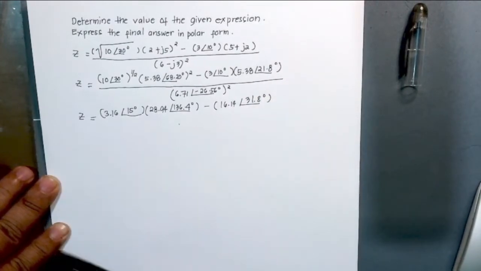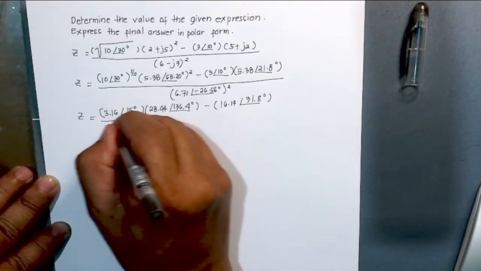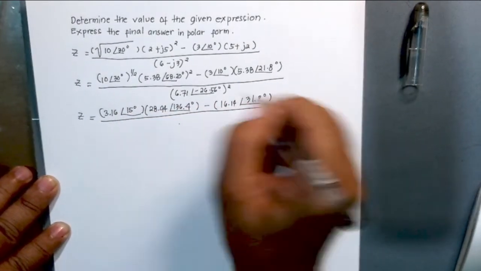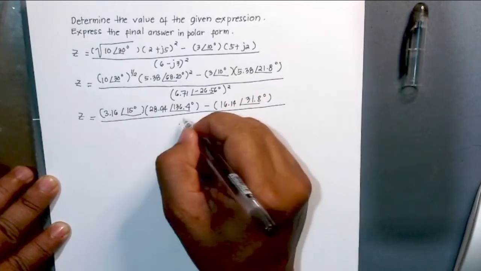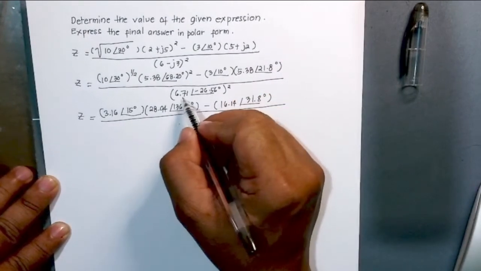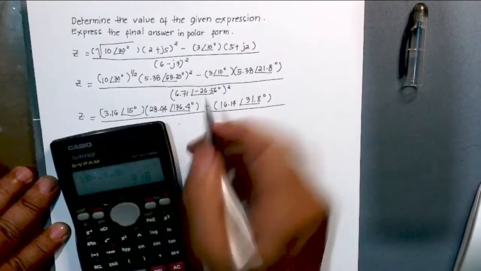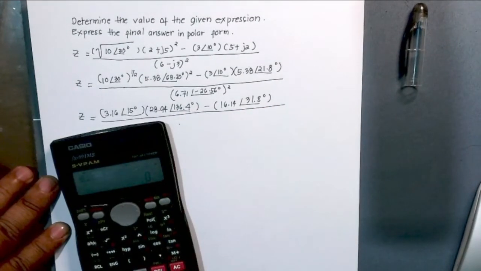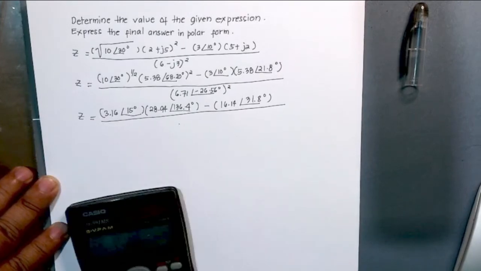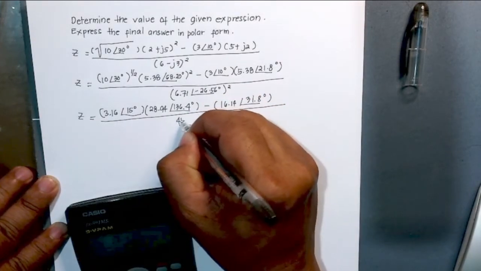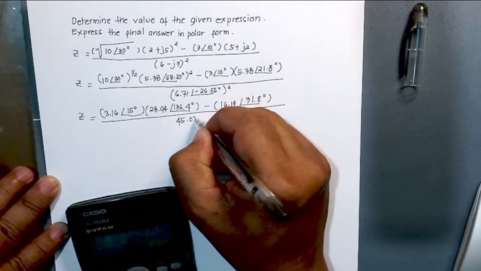Okay, and then we just divide it again by this one, and so we take the second power of 6.71. So that is 45.02.